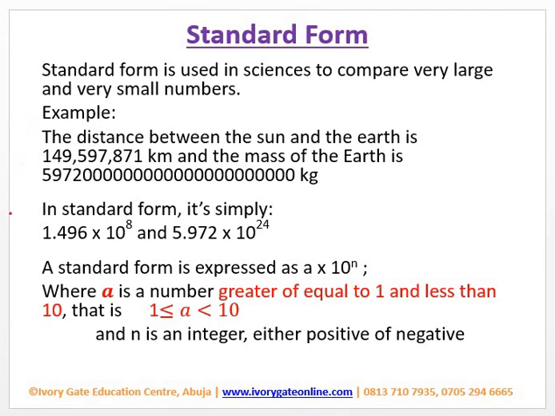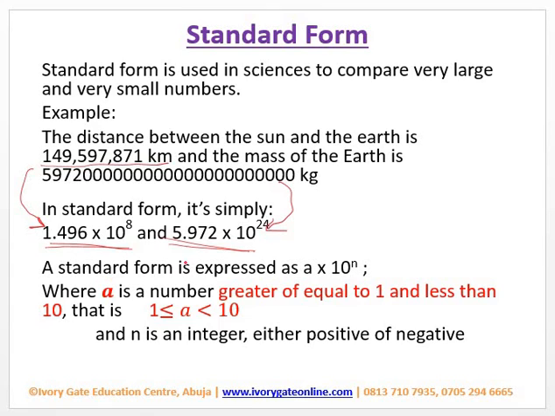For instance, we have this number 149,597,871 kilometers. Okay, so if we change it to standard form, this number just becomes this. And the mass of the earth, which is this very huge number, will become this. So this makes it simple to work with.